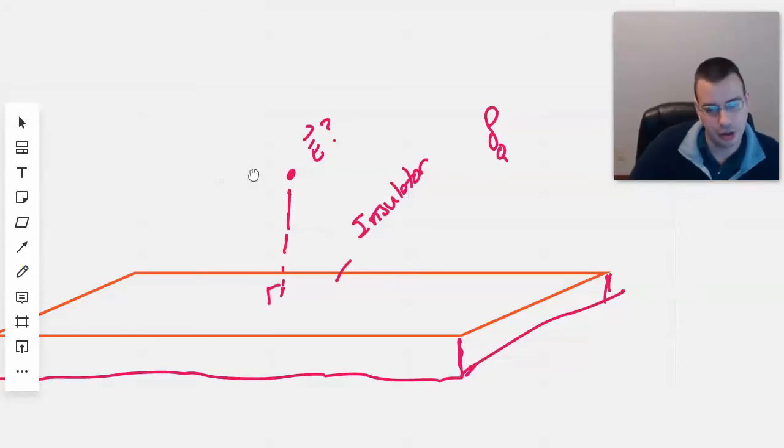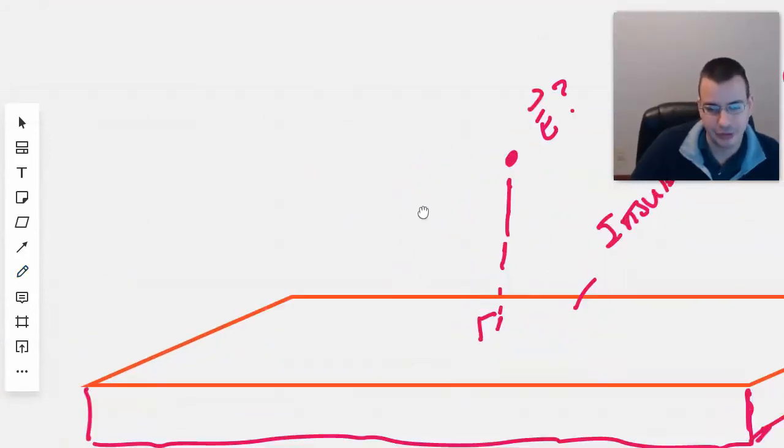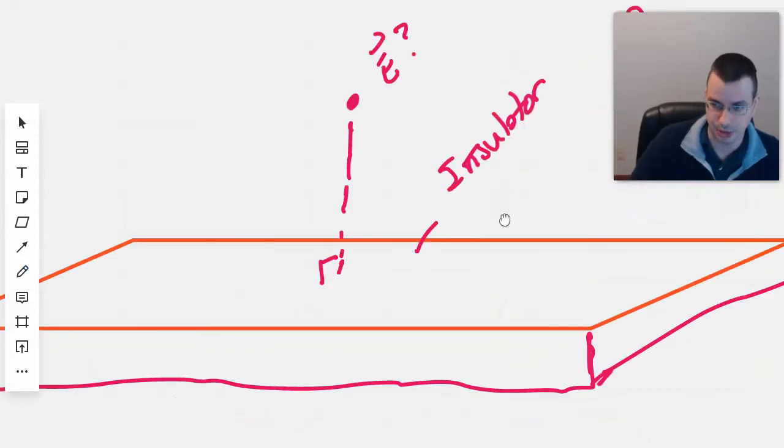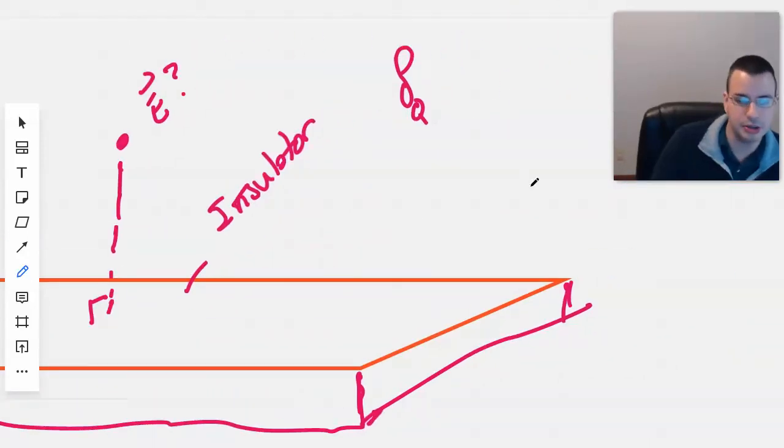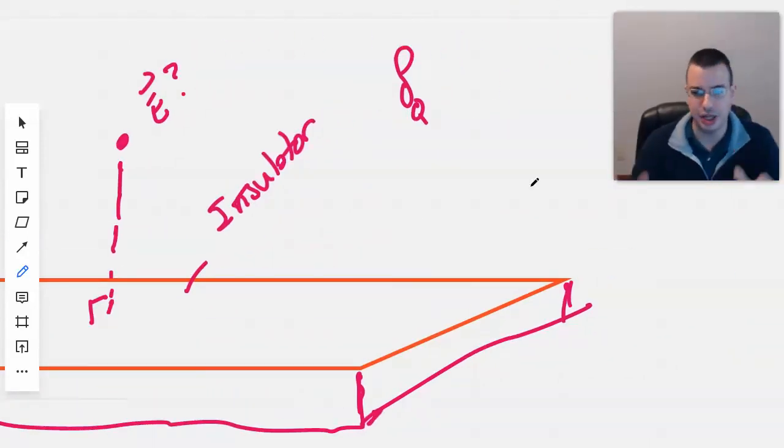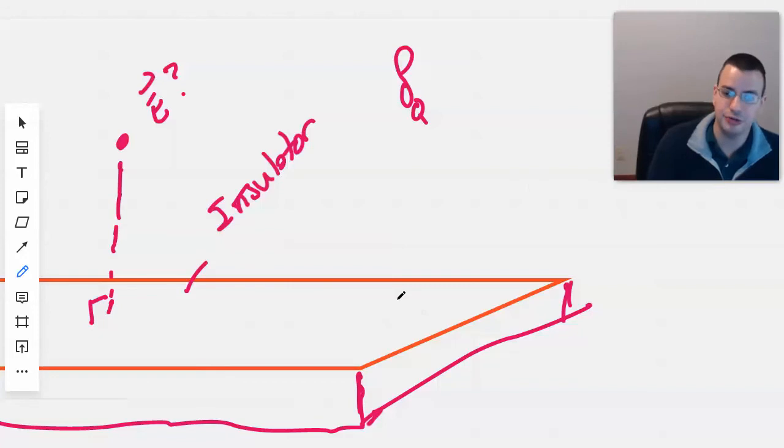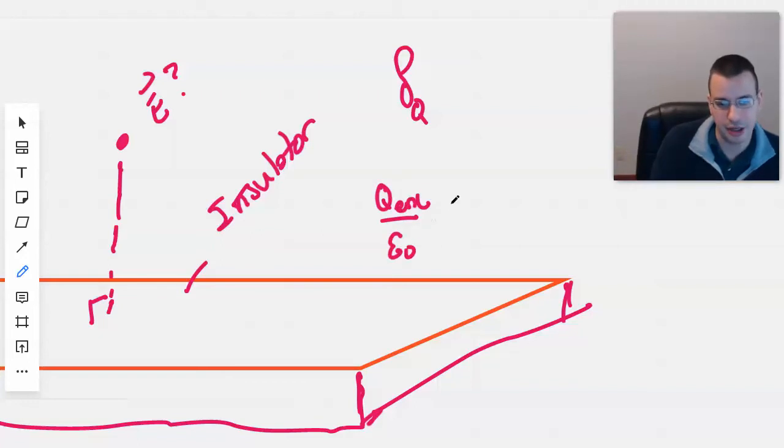As in general in life, you read a problem, first thing you do is draw a picture. It doesn't really have to be a good picture, but it kind of centers your thoughts. In this case, I kind of drew it for you. But if I didn't, you should draw it. And then we'll do Gauss's law. So we'll do Q enclosed over epsilon naught equals double integral.